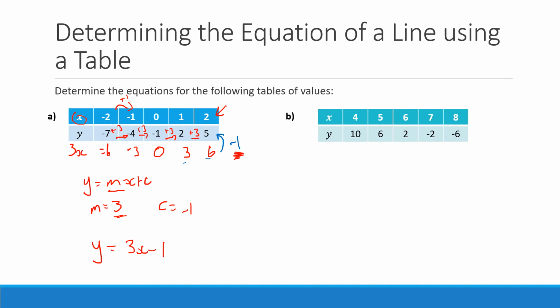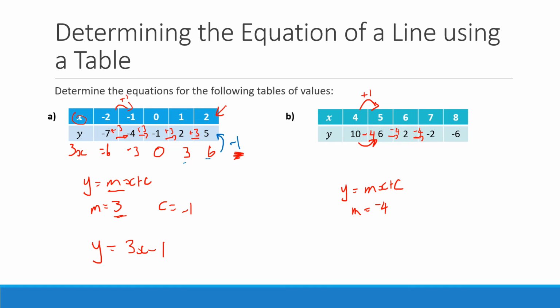Let's try the next one. Here, again, my x values are going up by 1. My y values are going down by 4. So for my equation, y equals mx plus c, my m value is going to be -4. That's going to be the same for the rest; we keep subtracting 4 every time.